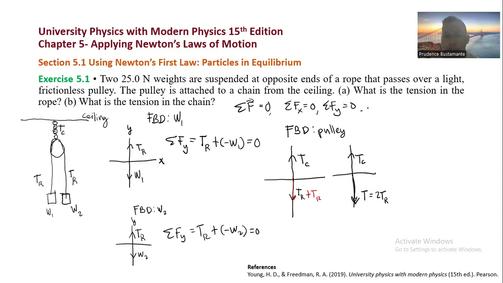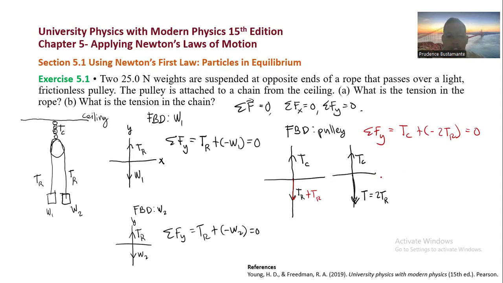So the question is, what is the tension on the rope? Let's continue first. Summation of all the forces along y, using the free body diagram for the pulley, is equal to the tension on the ceiling plus the negative of 2 times the tension on the rope, equal to 0.